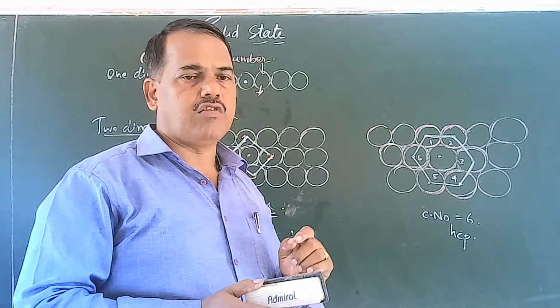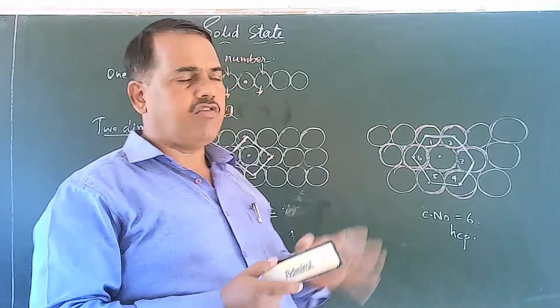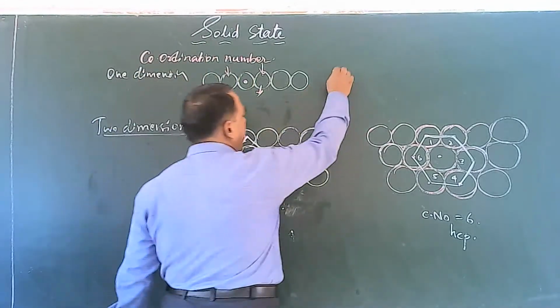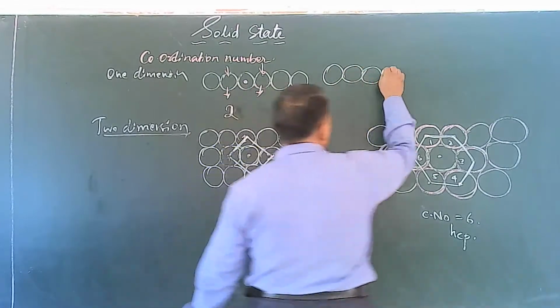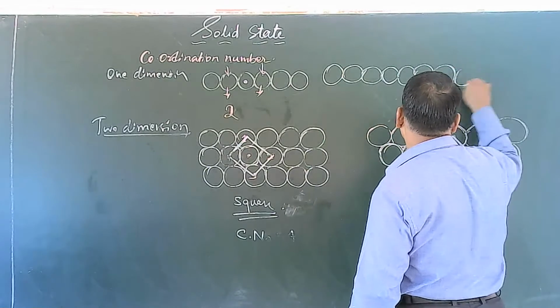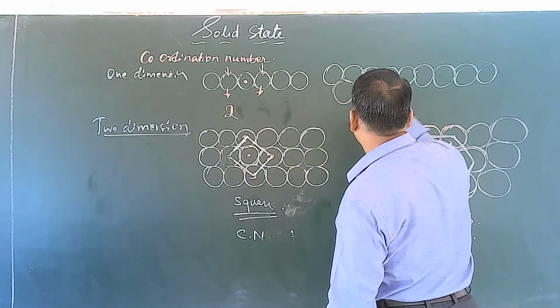Are you clear? So that is nothing but two-dimensional arrangement. As you can see, these spheres are arranged in depressions, one below the other.